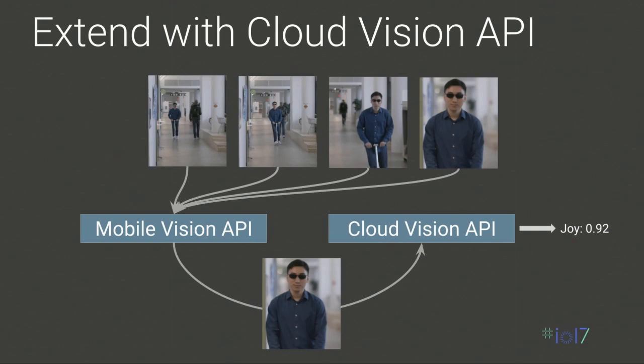Only if you find a large enough face inside the frame, you pass that frame to the Cloud Vision API to do the emotion detection. By doing this, you can reduce the latency of your app, and you can get the same result as using the Cloud Vision API solely.